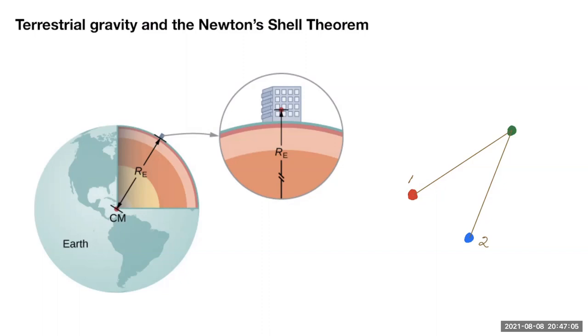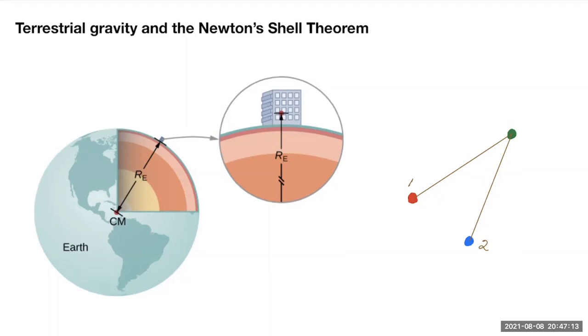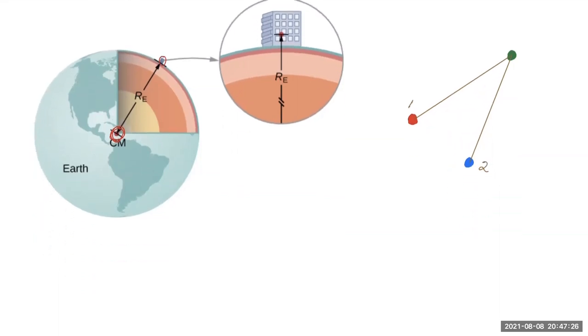If we thought of the Earth as a point mass located at the center of the Earth here, and that's where the building is, then this problem would be rather easy to calculate because you can apply Newton's law of universal gravitation.